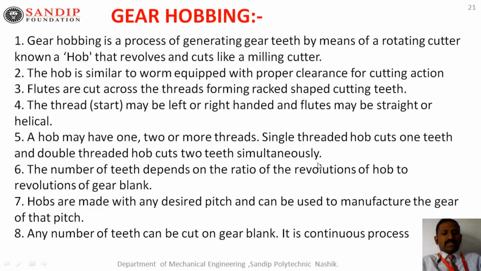Three motions are to be remembered: motion of hob, motion of gear blank and motion of feed. Any number of teeth can be cut on the gear blank. That's why it is a continuous process. That is the basic introduction of gear hobbing.